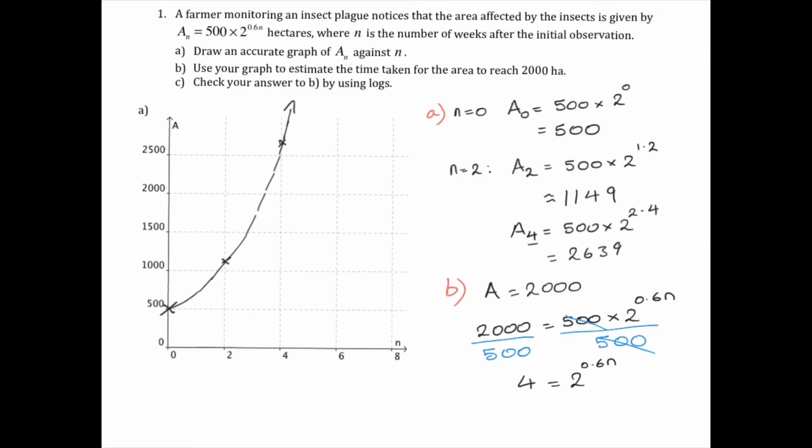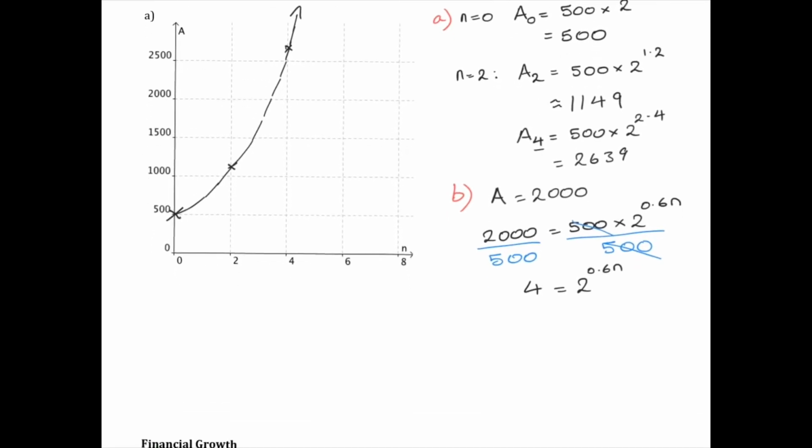Now I'd like you to first try this without a calculator. Hopefully you realize the left-hand side is just 2 squared. So 2 squared equals 2 to the 0.6 n. And since now I've got the bases the same, I can just say 0.6 n equals 2.